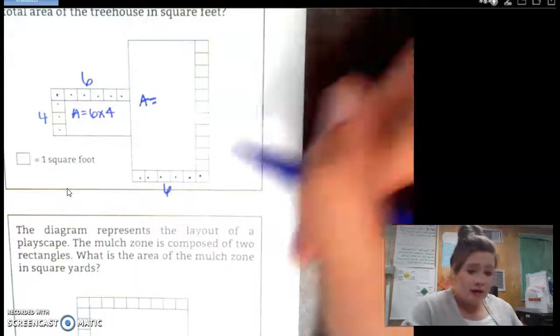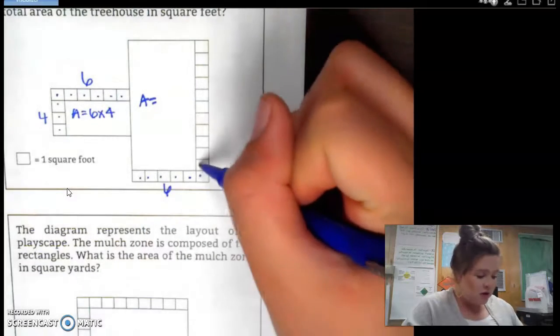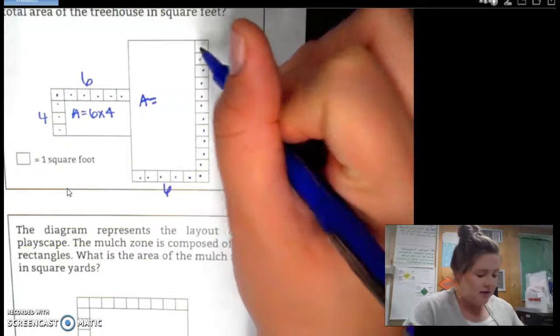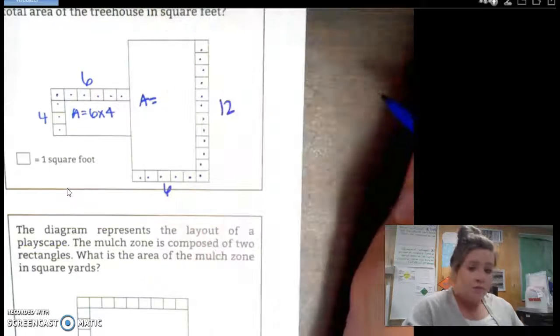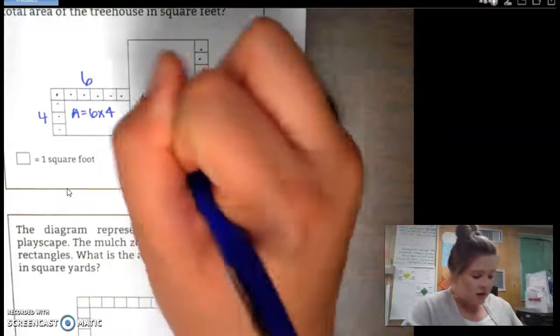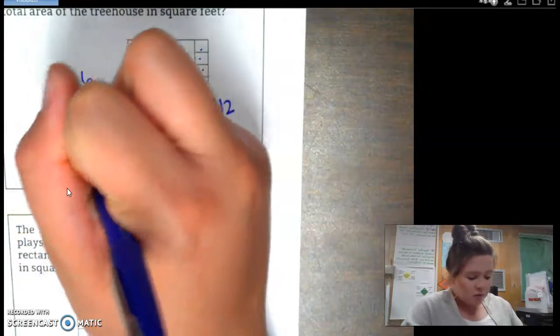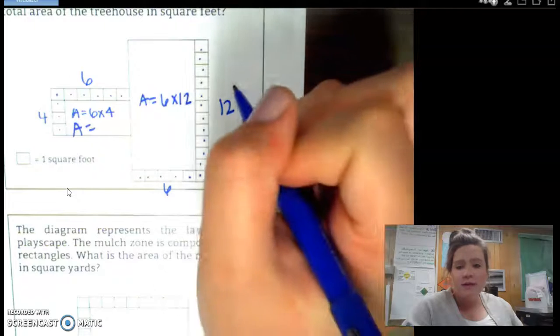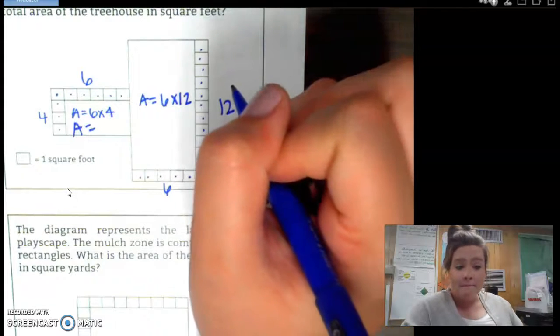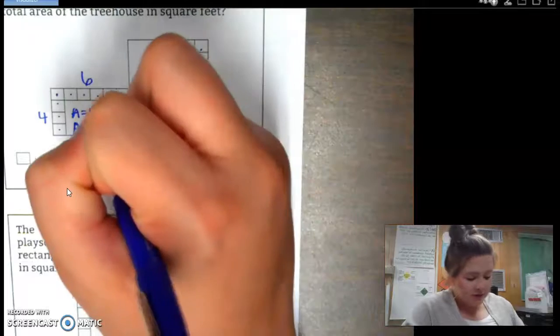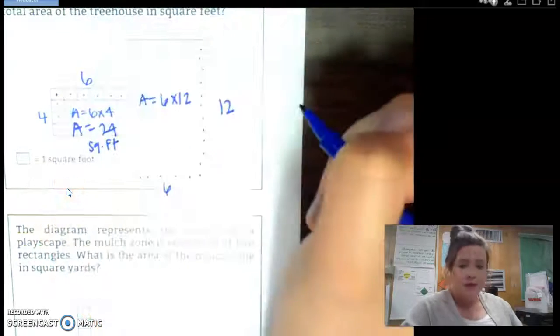And then we're going to find the width. 1, 2, 3, 4, 5, 6, 7, 8, 9, 10, 11, 12. Okay. So area equals 6 times 12. Who knows what 6 times 4 is? Good, 24. 24 square feet. Okay? And then I'm going to multiply 6 times 12.